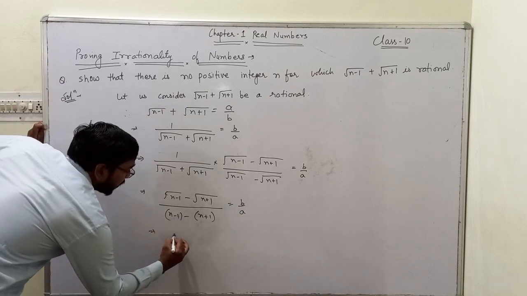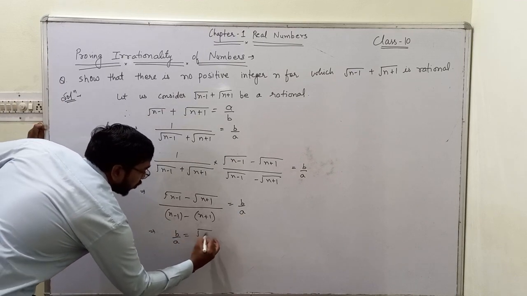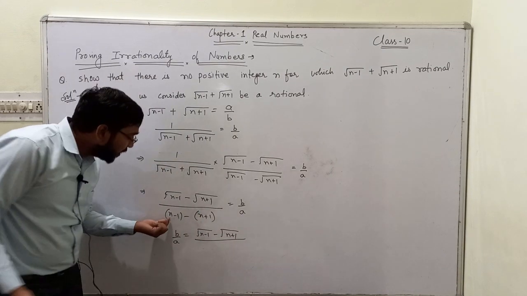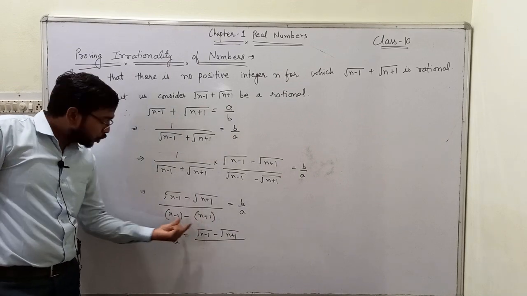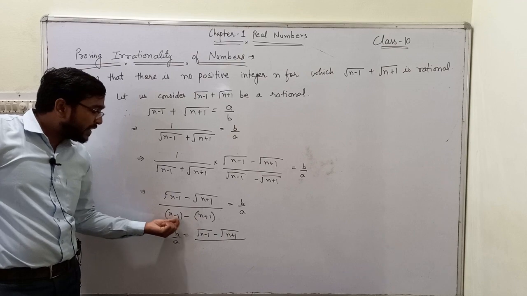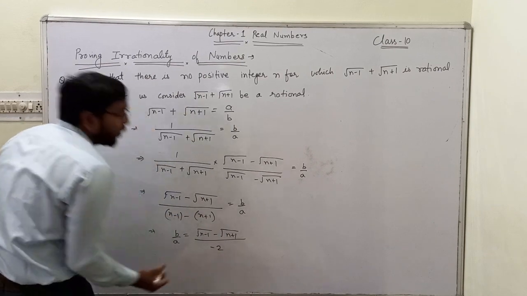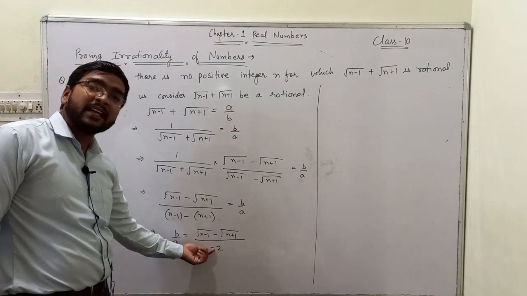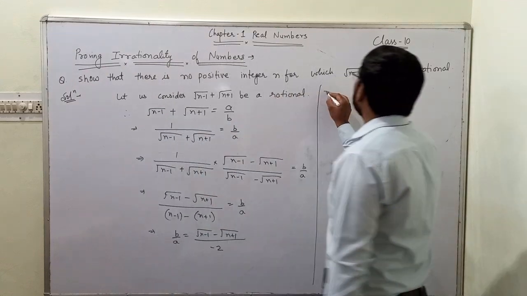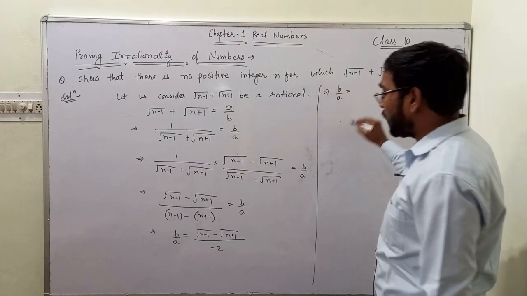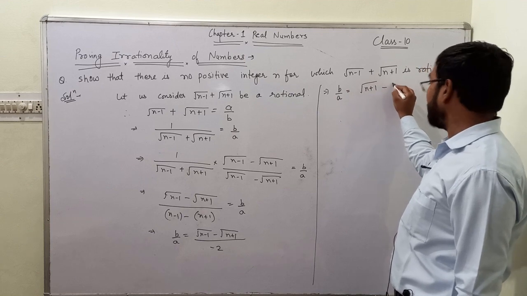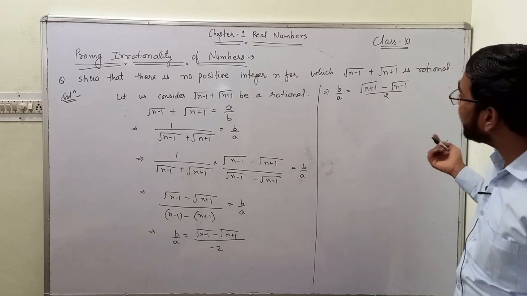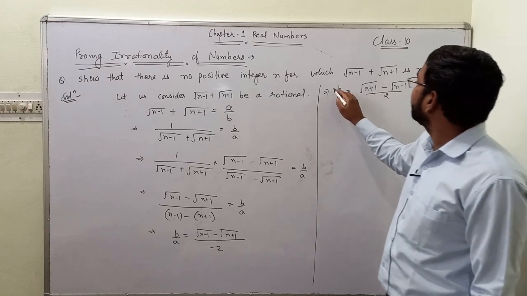We will get b upon a equals root n minus 1 minus root n plus 1 upon, now look, here is n, here is minus n, so n minus n cancels out and minus 1 minus 1 is minus 2. Okay, this minus sign will move to the numerator and the term will become b upon a equals root n plus 1 minus root n minus 1 upon 2. Okay, the positive term will become the negative term and the negative term will become the positive term in the numerator.